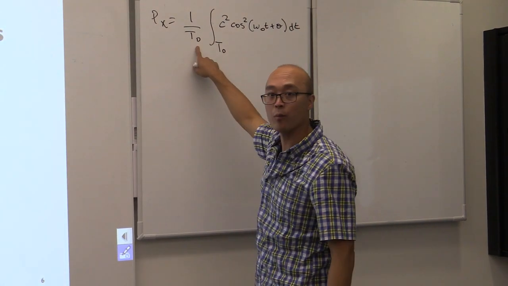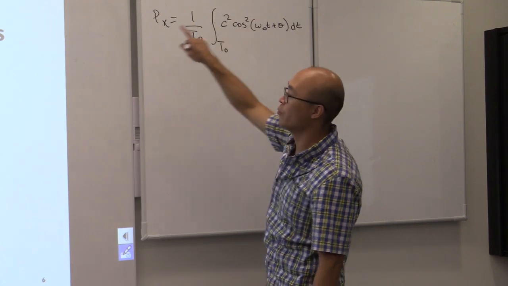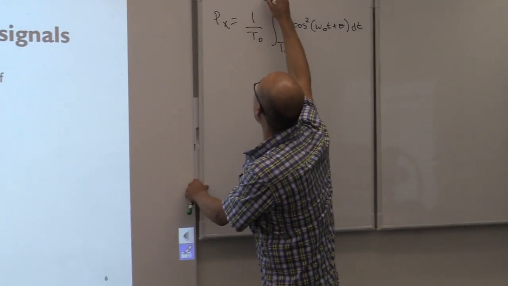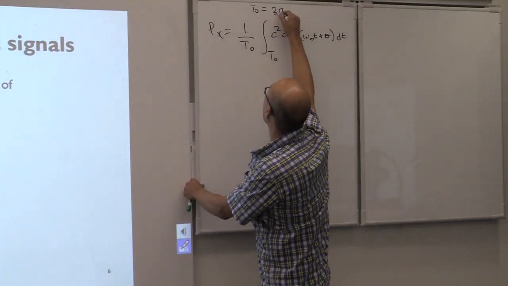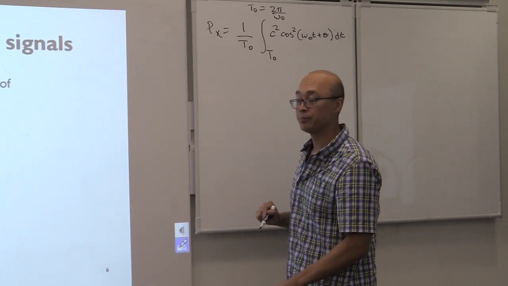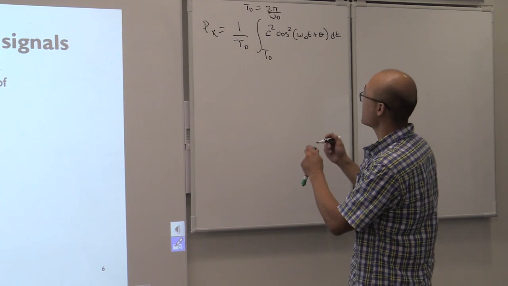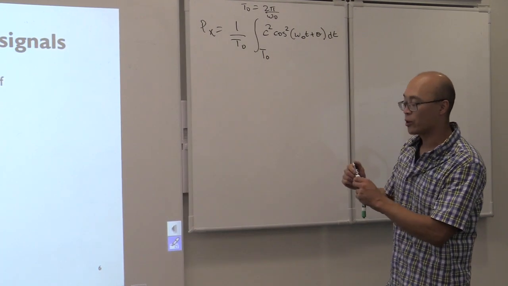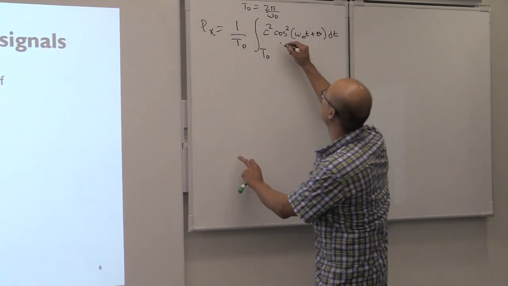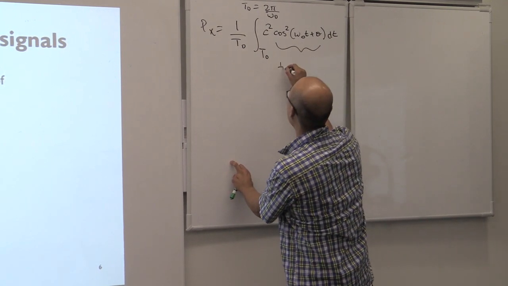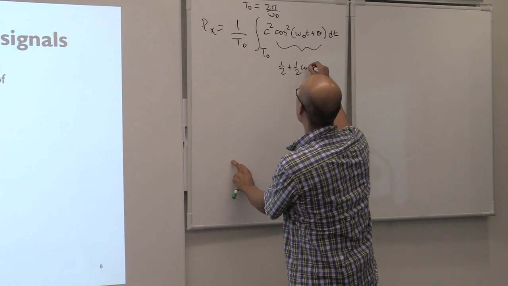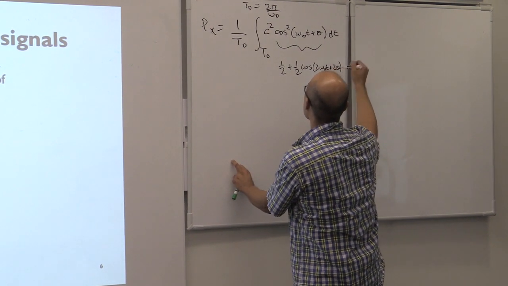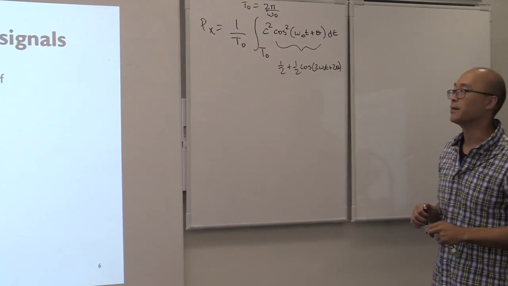Now, T naught is the period of our original harmonic signal, so T naught is 2 pi over omega naught. Let's work out this integral. But before doing that, I'll draw your attention to the cosine squared term. I could rewrite this as 1/2 plus 1/2 cosine of (2 omega naught t plus 2 theta). This is a simple trigonometric identity.